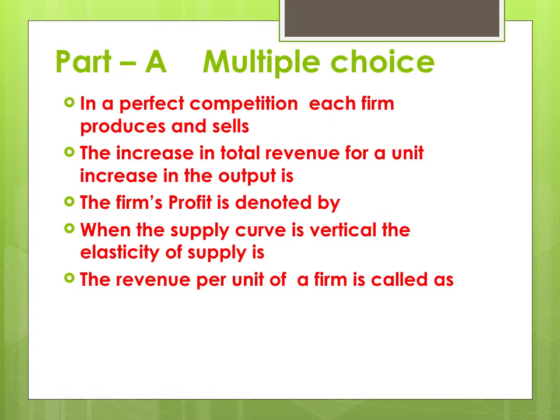When the supply curve is vertical, the elasticity of supply is. The revenue per unit of output of a firm is called as. You have the question bank with you, and you know the 4 given options for these statements. Try to find out the correct option.